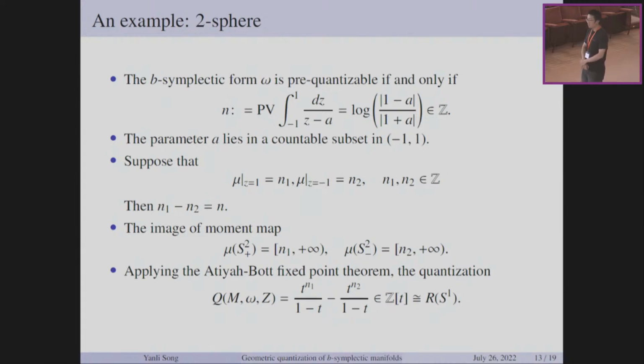The reason these two denominators are the same is that the two complex structures on the two sides are the same, so that you cannot glue them together. The almost complex structures cannot be glued together because they differ by orientation. Okay, so this is one example.